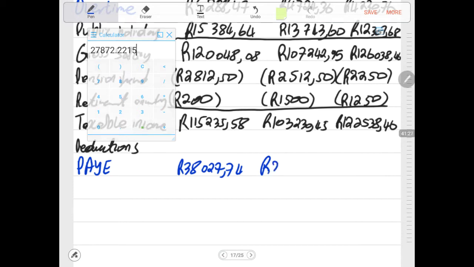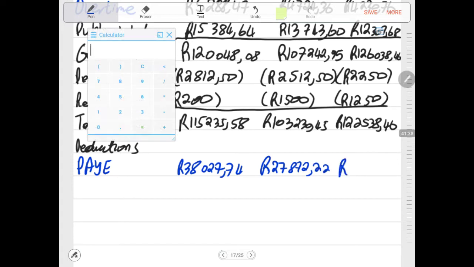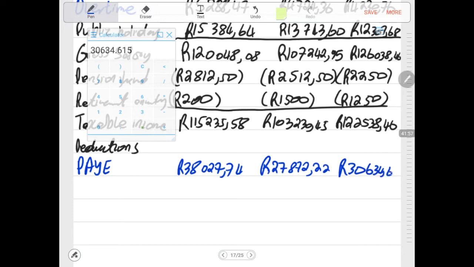Then this will be 27,872 rand 22 cents. Then the last one will be 122,538 rand 46 cents times 0.25, where we have 30,634 rand 62 cents.